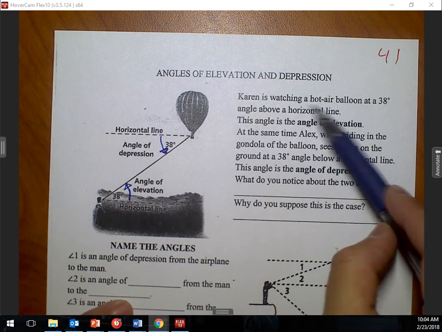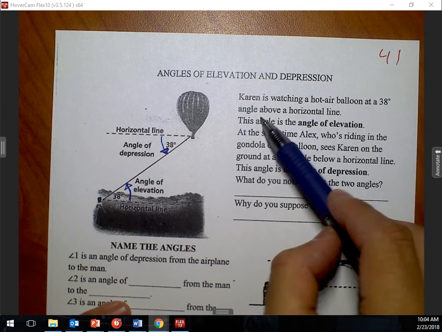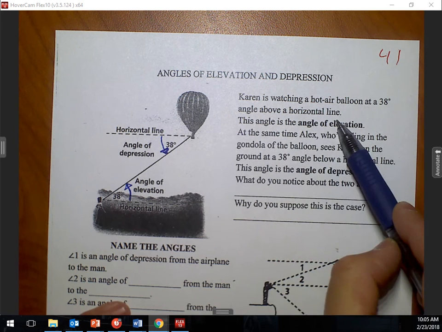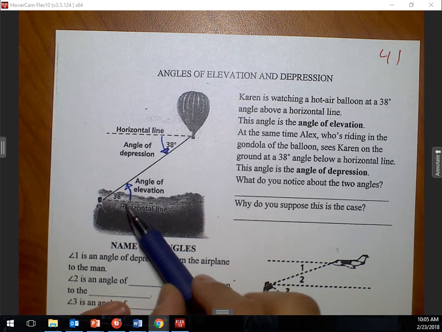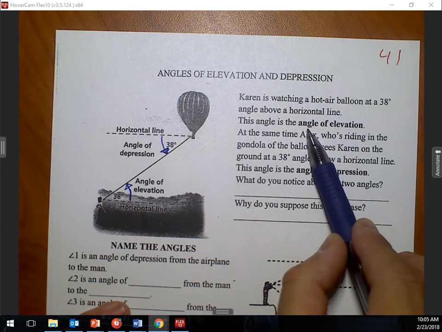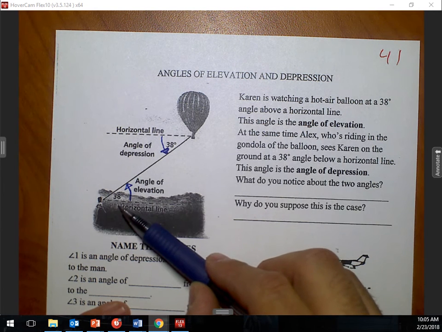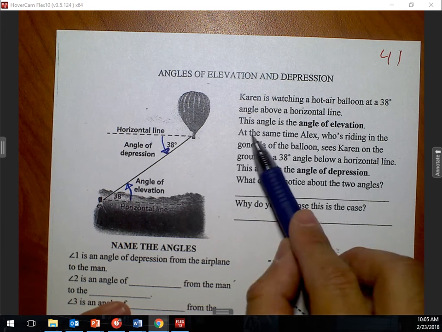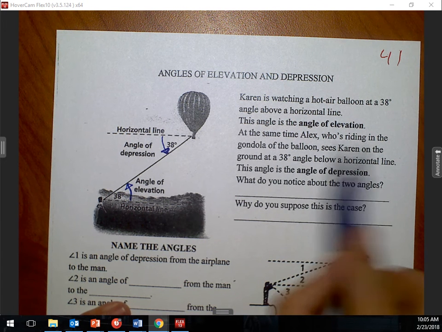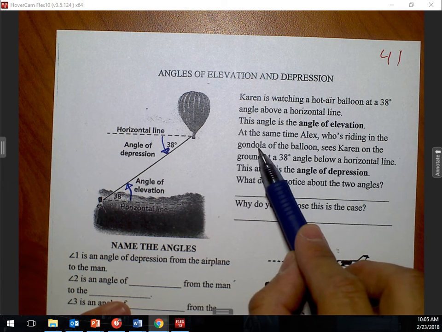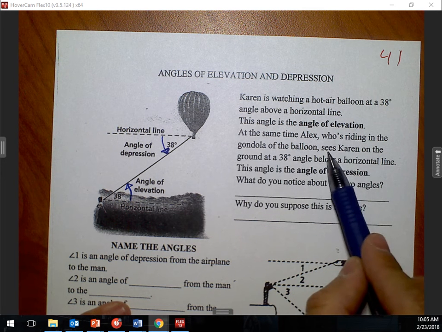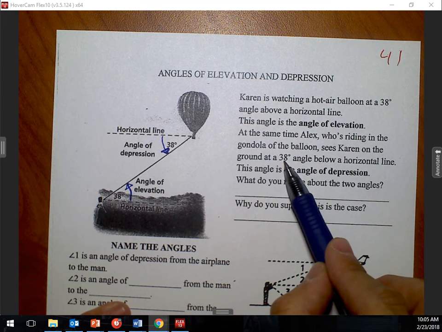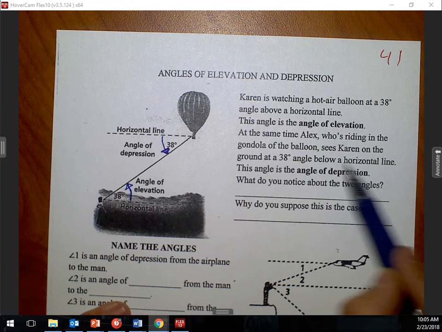So Karen is watching a hot air balloon at a 38 degree angle above the horizontal line. So here's Karen down here, right? She is looking, and that angle is an angle of elevation because she's on the bottom looking up. At the same time, Alex, who's riding in the gondola of the balloon, sees Karen on the ground at a 38 degree angle below a horizontal line.